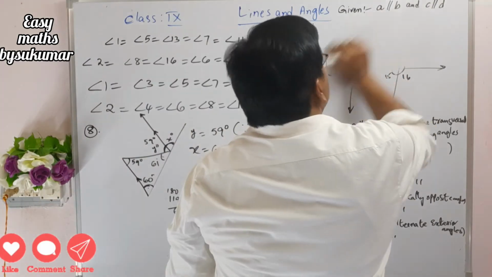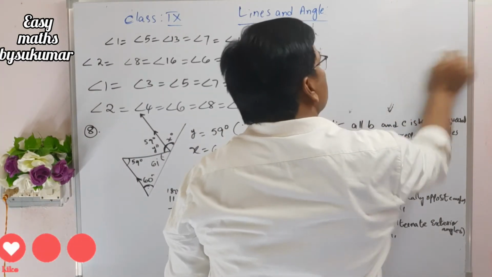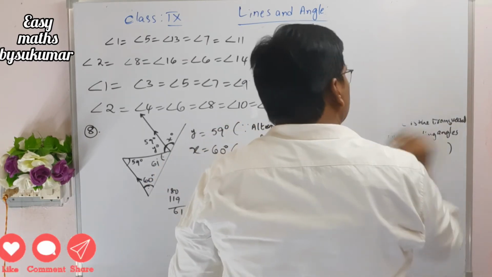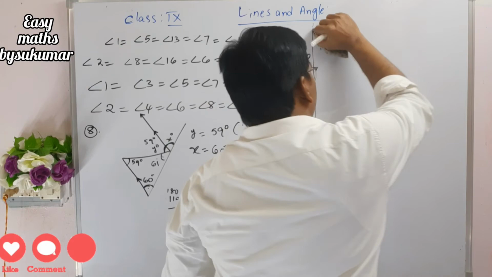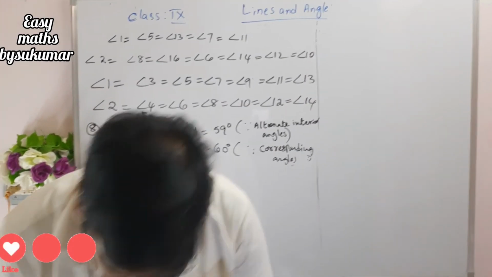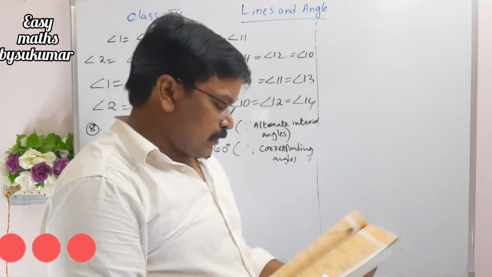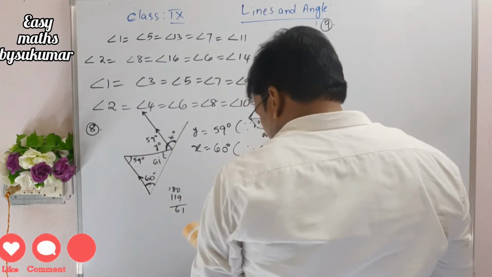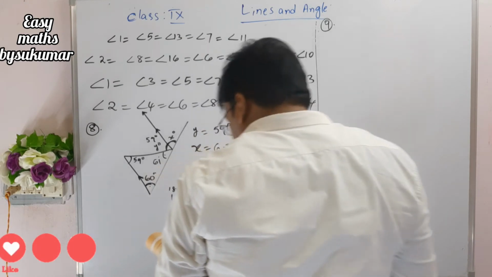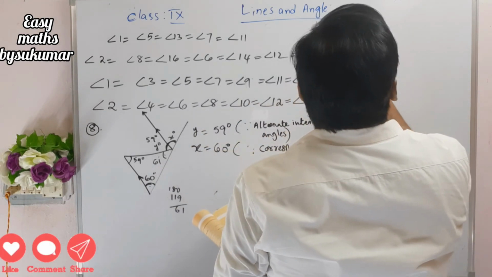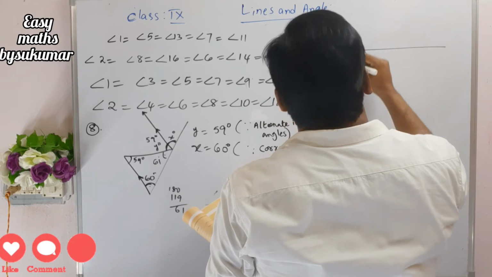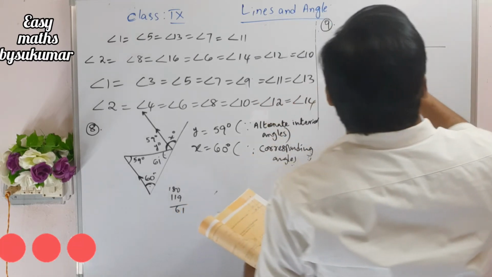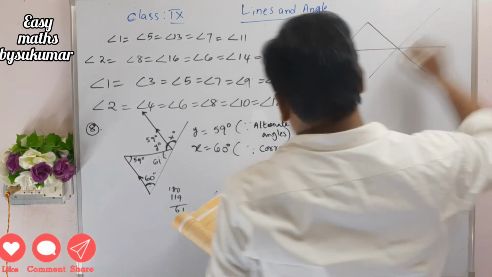Now my dear students, the next sum is ninth sum here. In the adjacent figure, excuse me, in the adjacent figure, this is a line. These two lines are parallel.